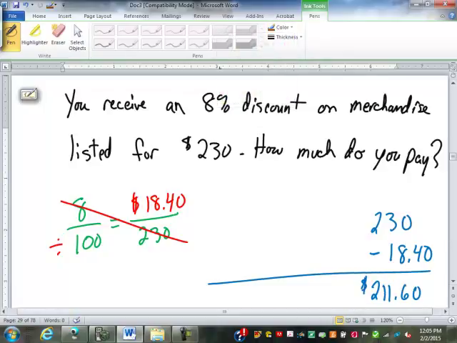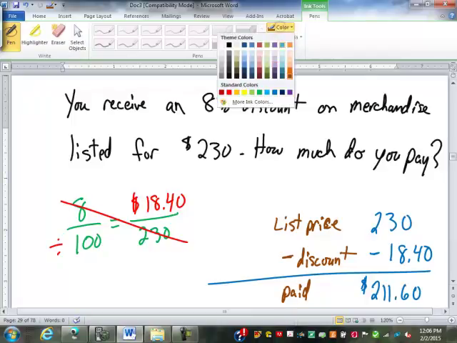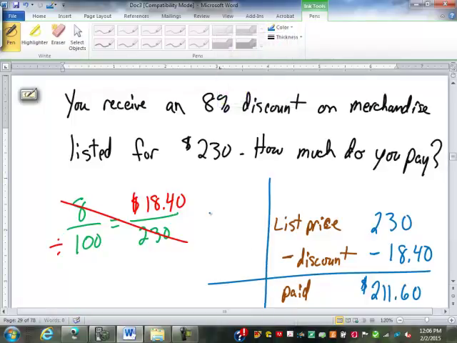Now if we look at this, the 230, of course, was the full amount, or the list price in this case. $18.40 is the discount. And the $211.60 is the amount that is actually paid. But in a problem like this, there's always two numbers that describe each item.